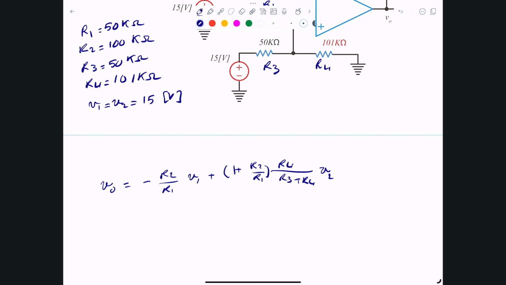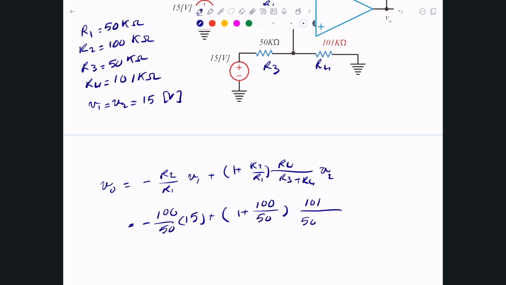If they were exactly matched, I should get an output that is exactly 0, but they are not matching. So let's double check how far off from 0 I am. That will be negative R2, which is 100, divided by R1, which is 50 kilo ohms, times V1, which is simply 15, plus 1 plus R2, which is 100 divided by 50, times R4, which is 101, divided by R3 plus R4, which is 50 plus 101, times V2, which is 15.